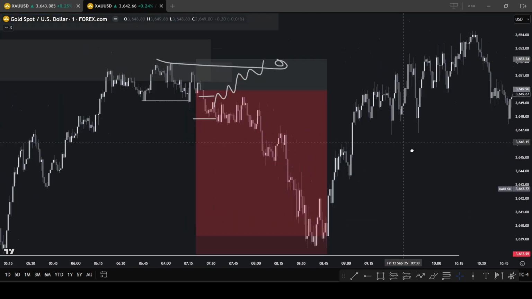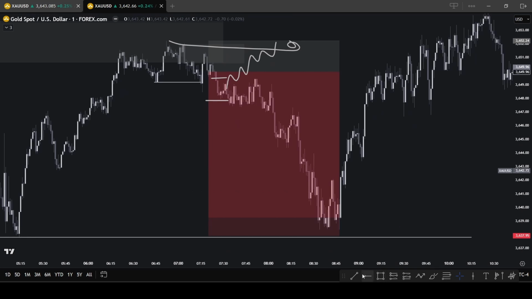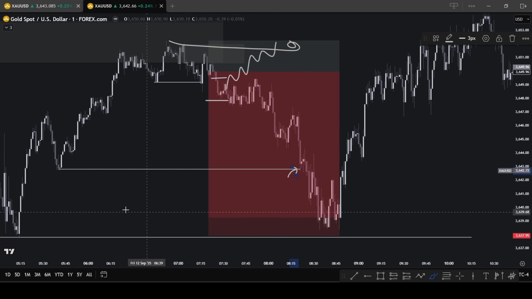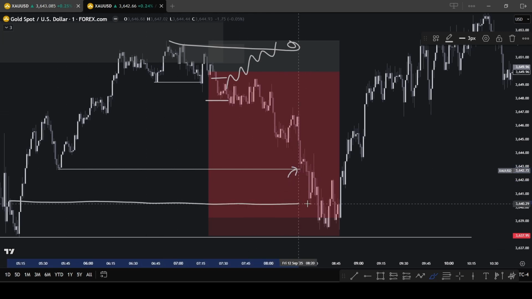But luckily, it went in my favor. I took out some small lots here, then the POI was here and I exited there. After that, I managed my position.